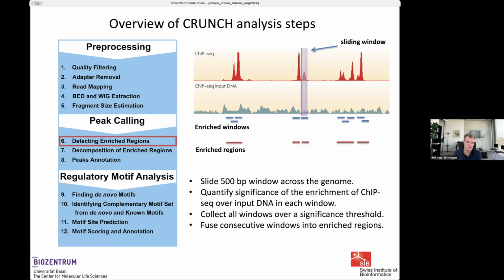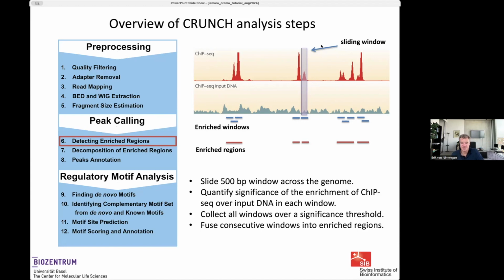And the way we do this, the basic idea is similar to many approaches for finding ChIP-Seq peaks, is you go with a sliding window along the genome. So by default, we use a sliding window of size 500, and we shift it by 250 at a time.